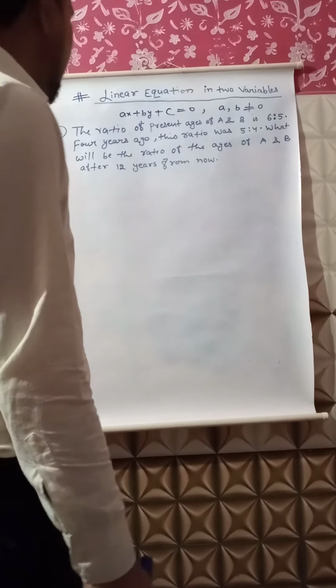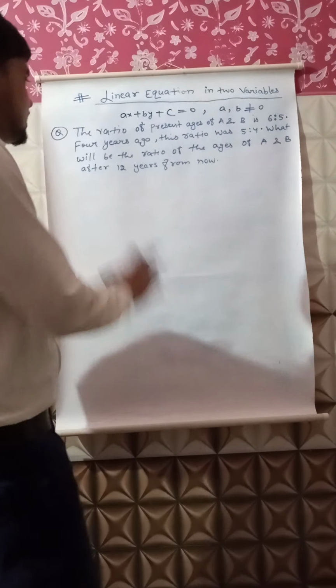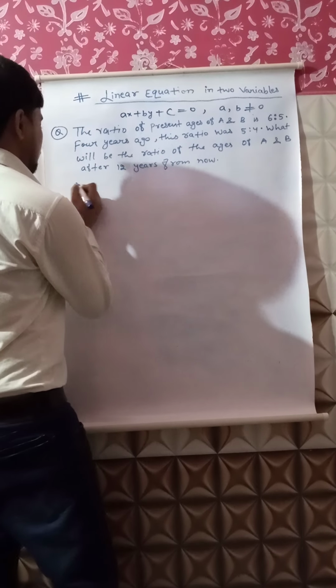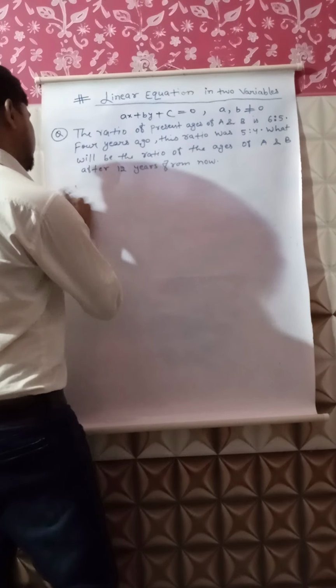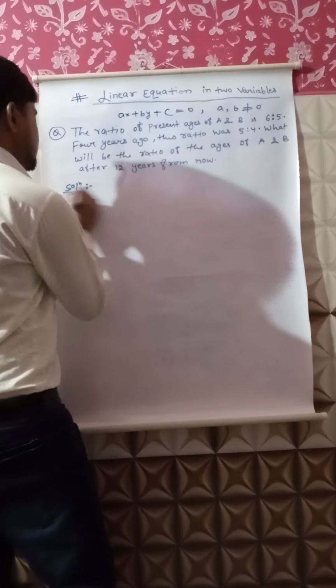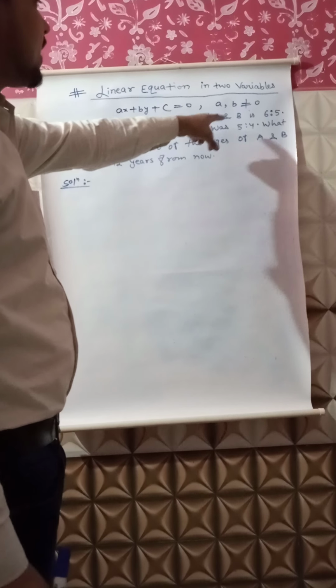What will be the ratio of the ages of A and B after 12 years from now? So we are going to solve this question. Our question is saying the ratio of present ages of A and B is 6:5.